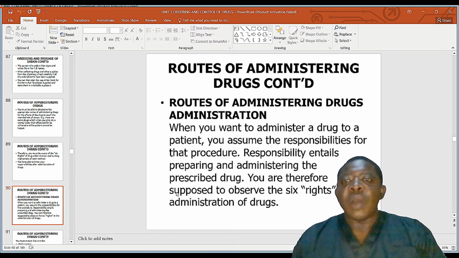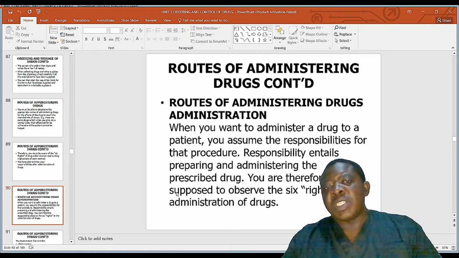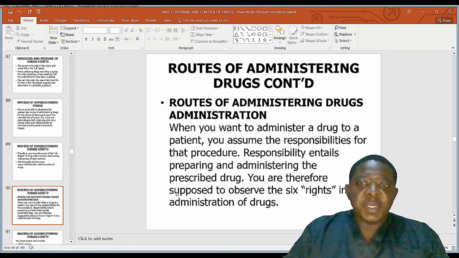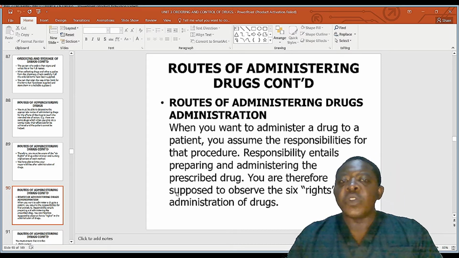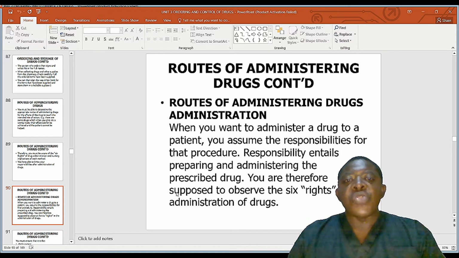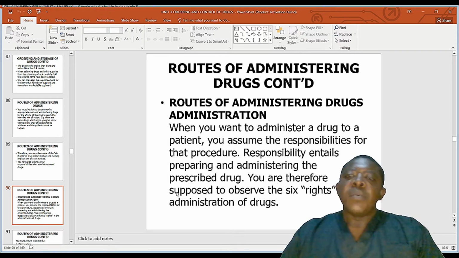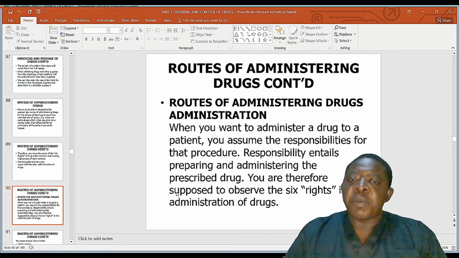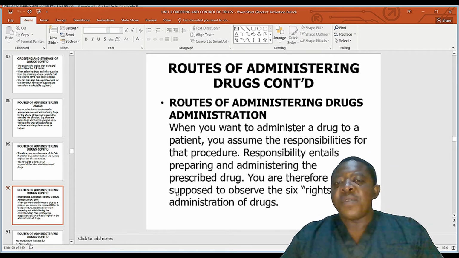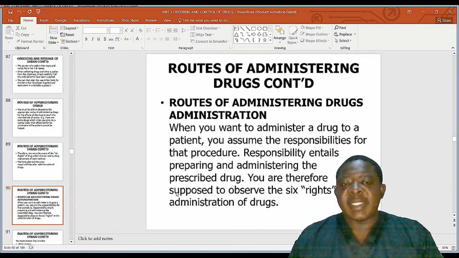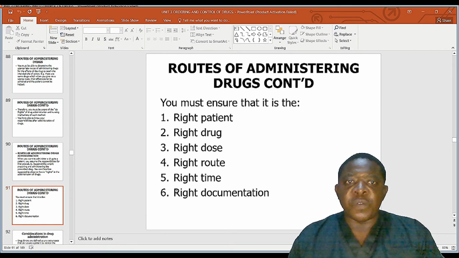So, route of drug administration. When you want to administer a drug to a patient, you assume the responsibility for that procedure. Responsibility entails preparing and administering the prescribed drug. You are therefore supposed to observe the 6 rights in the administration of drugs.